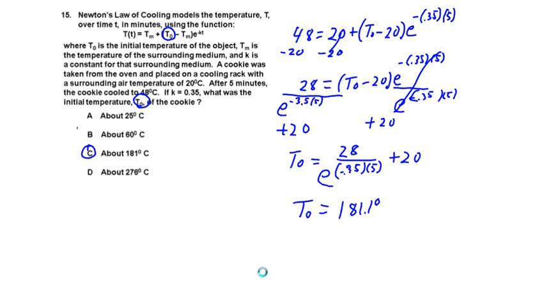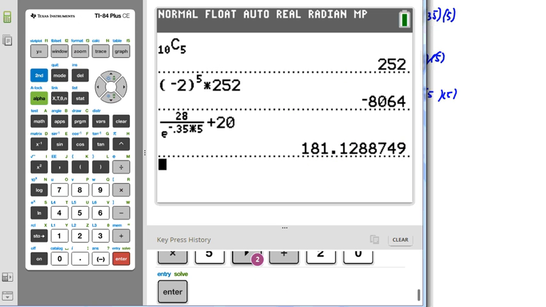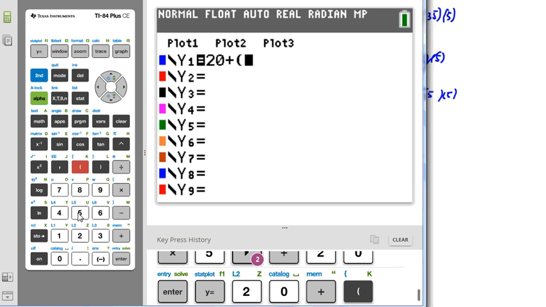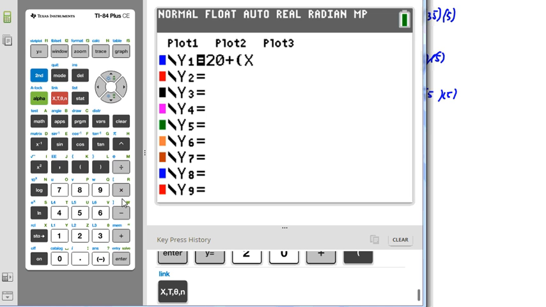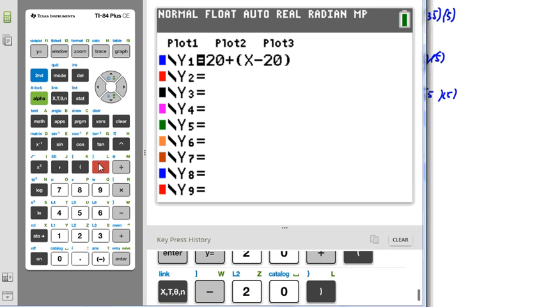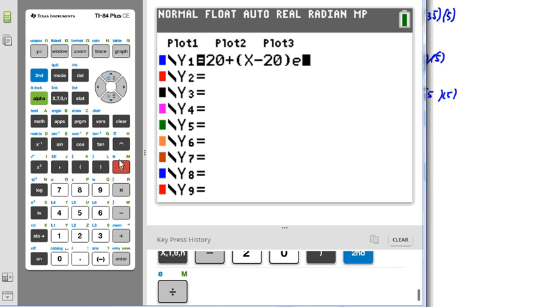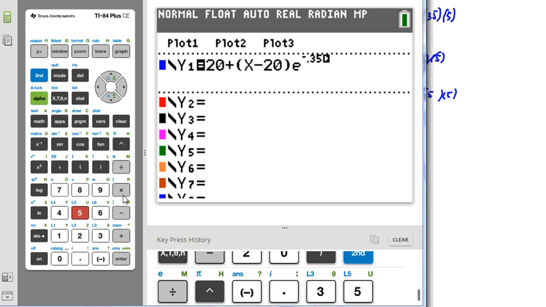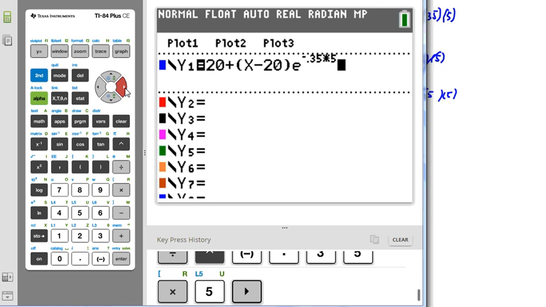So if we do that by graphing, we go to y equals, 20 plus t sub 0, which is x minus 20, times e to the power of negative 0.35 times 5, and we subtract out our final temperature, which is 48.